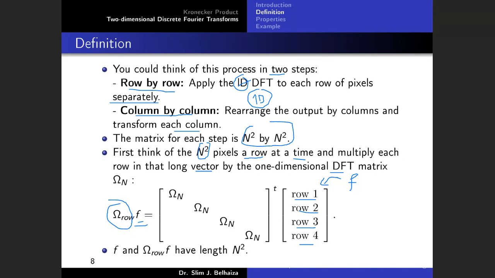Here we have omega row, which is the omega matrix placed in the diagonal, and transposed to be able to multiply it by f. So f and omega row f have length n squared.